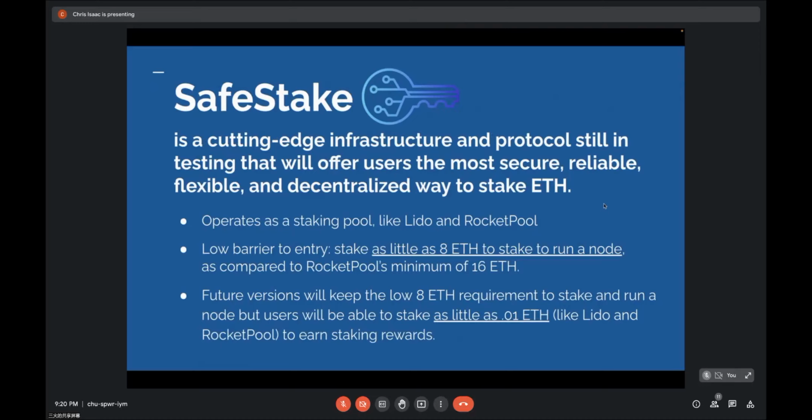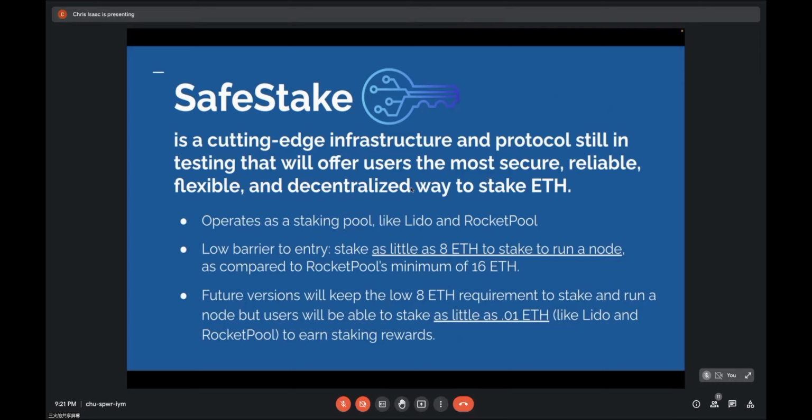But in the end, the concept that we're proving is a secure, reliable, flexible, decentralized way to stake ETH. You'll see that it takes a lot of the good things from staking pools and combines them, allowing for some more flexibility, and because we're going to run on more than one node, we can enhance security and reliability.